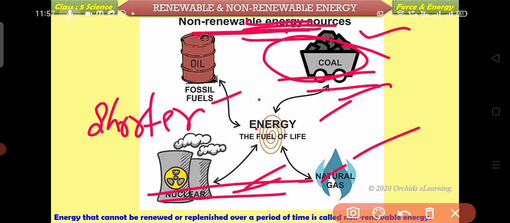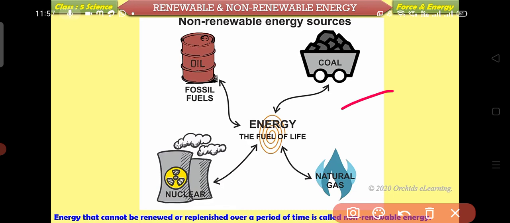Therefore it is very important to use these energy sources judiciously. While using non-renewable sources we have to be careful, because once they completely disappear from the earth, we cannot add them back quickly, as they take longer durations to form.